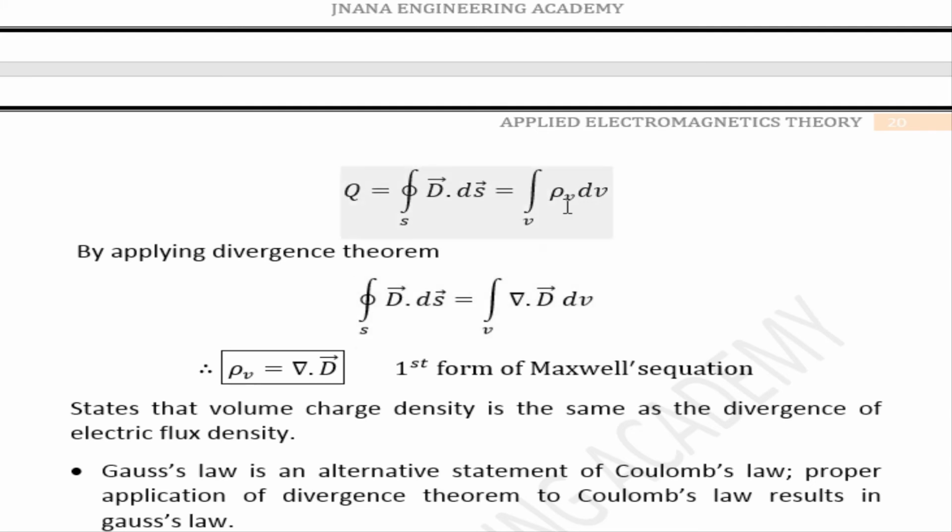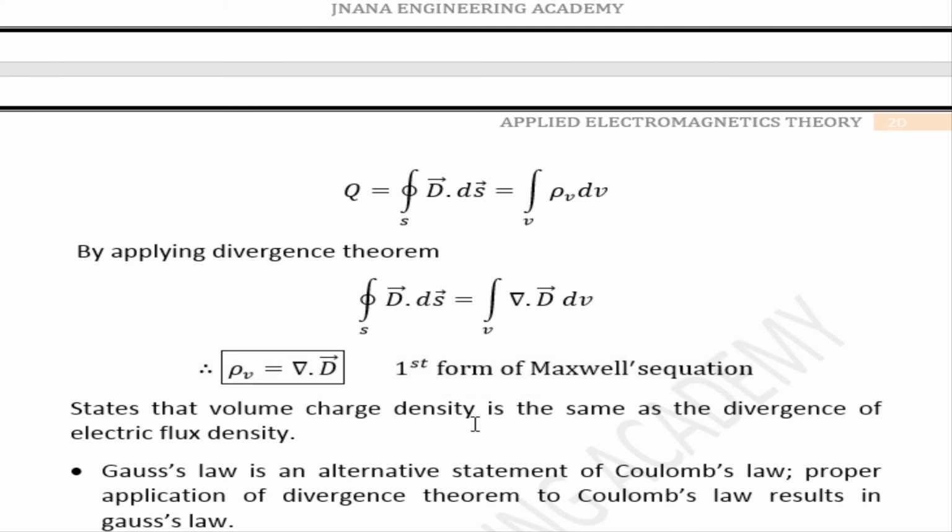Now see, we have two equations. Here is the volume integral and here we have another volume integral. We have to equate these two terms. Clear? So here it is rho v dv and here it is del dot D dv. So we are equating these two terms and we have rho v is equal to del dot D, and this is the first form of Maxwell's equation.